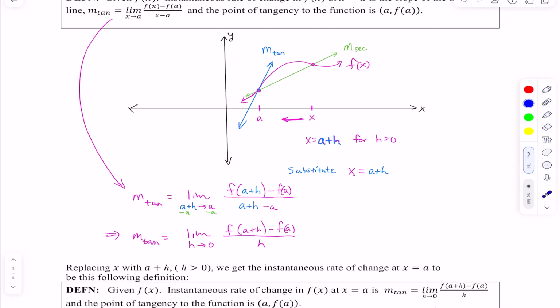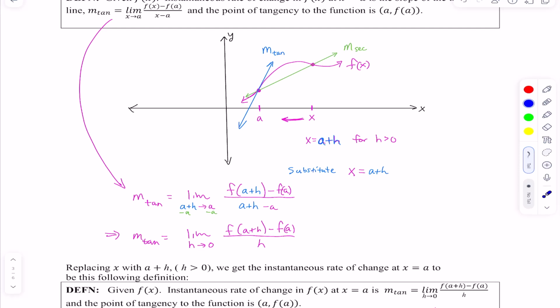All this simplifies to a new formula for the slope of a tangent line, where you now have the limit as h approaches 0 of this difference quotient. Now this difference quotient includes the point of tangency.